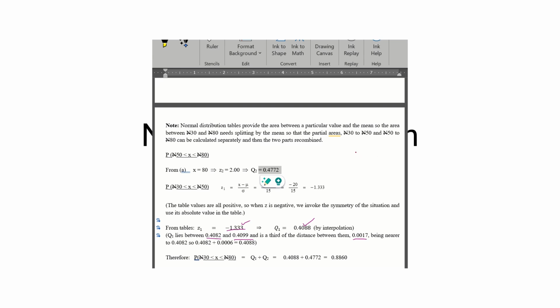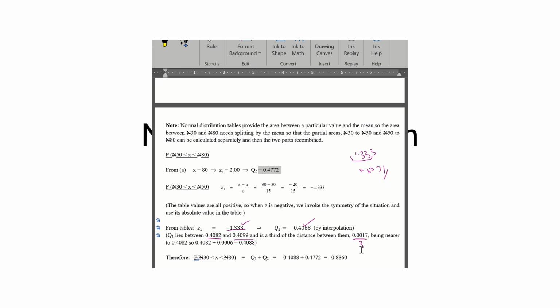What I mean is this: we have 1.333 and we are only able to check 1.33 from the table, so the remaining is 0.003. You can easily take this value and divide it by 3, because this one is like a quarter.